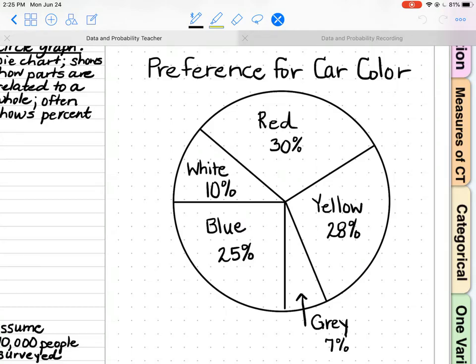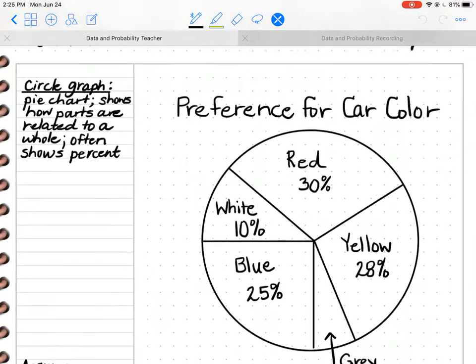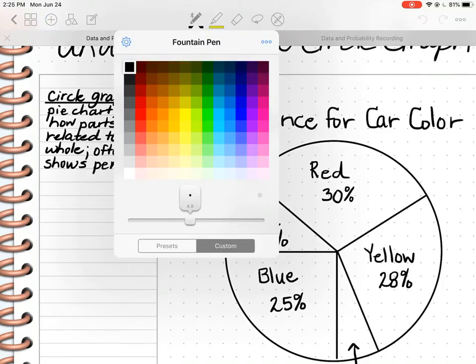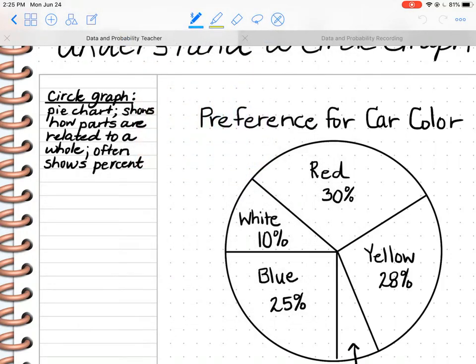The first thing I want you to notice is something very critical to this kind of problem. I want to add up my percentages. I'm going to start with 10% for the white, 30% for red, 28% for yellow. I'm not sure I buy that one.